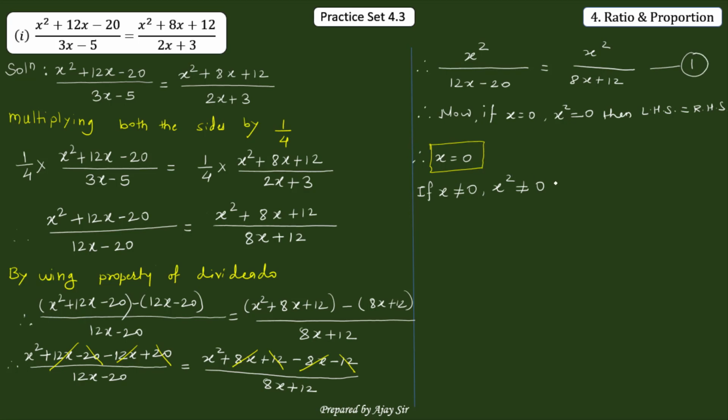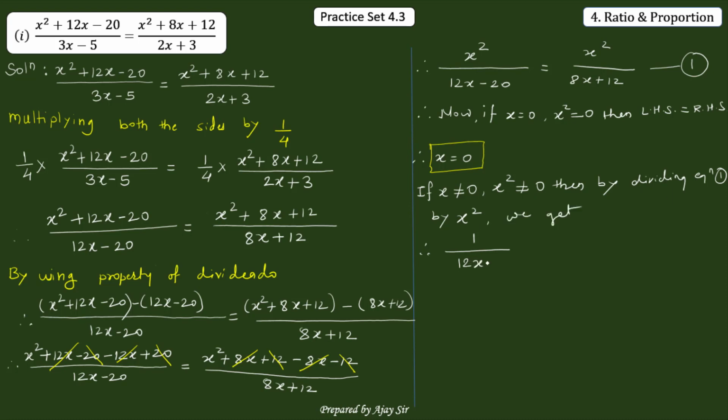Then by dividing equation 1 by x square, so therefore 1 upon, so this is 12x, so we can write this also by dividing equation 1 by x square.